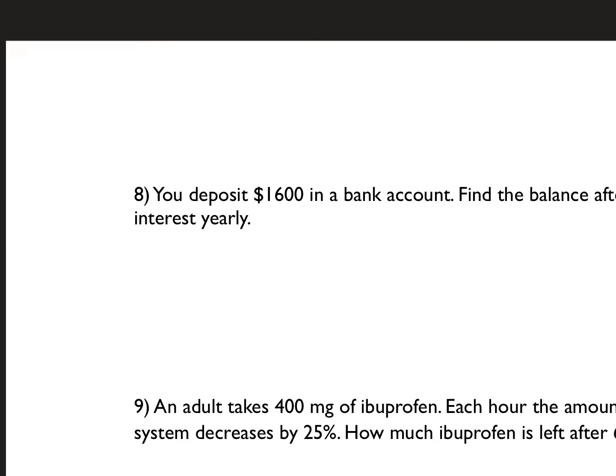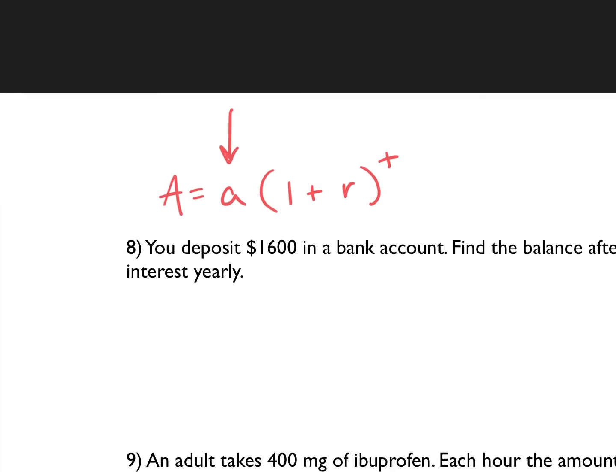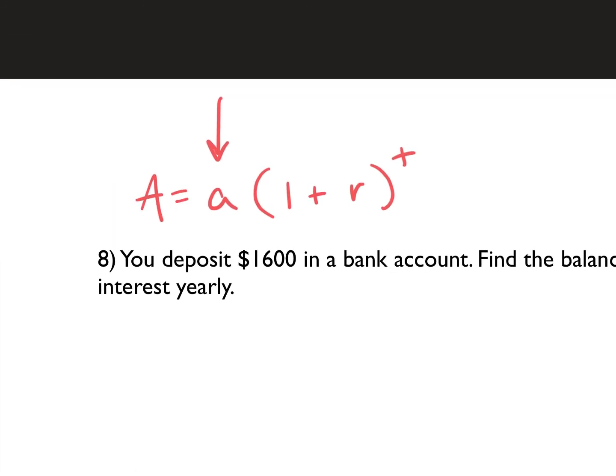The first two questions from your homework, you're going to use the first formula that we did. So A is equal to a times 1 plus r raised to the power of t. What's your little a here? The starting amount.